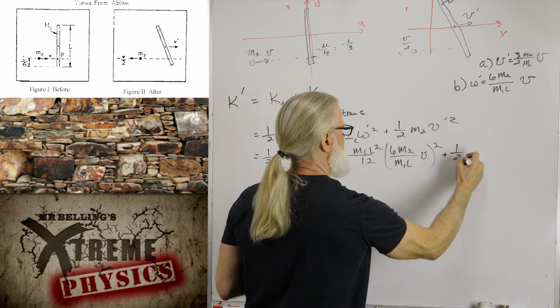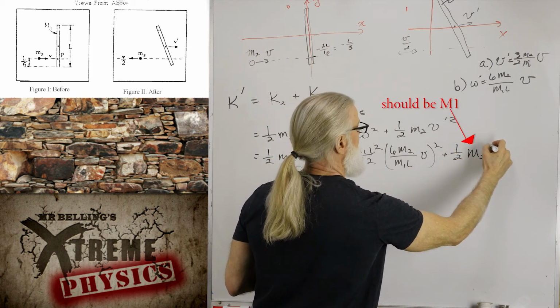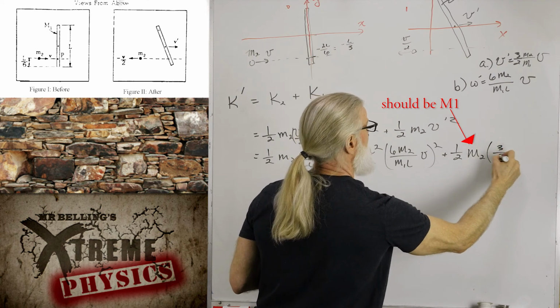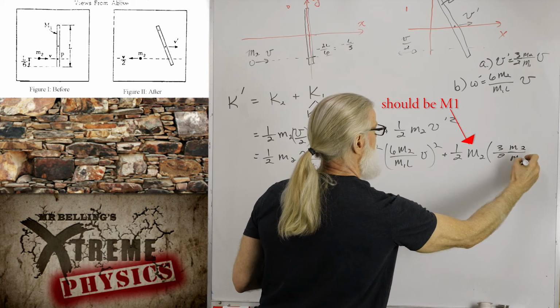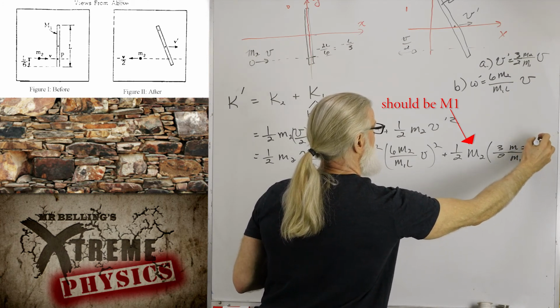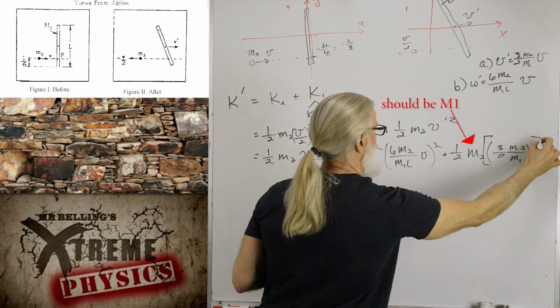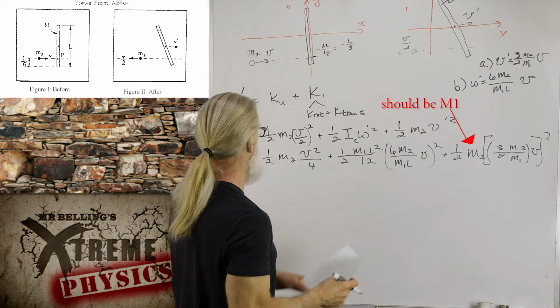Plus 1/2 m2 times 3/2 m2 over m1 v, squared. Right? All right, that's good.